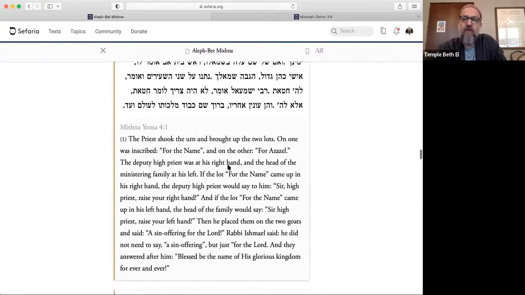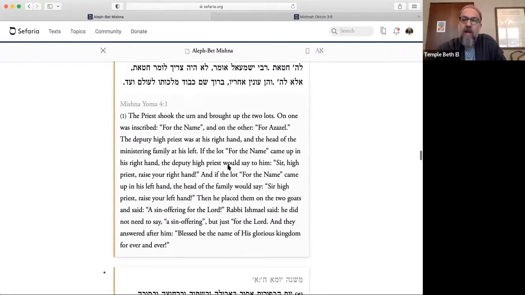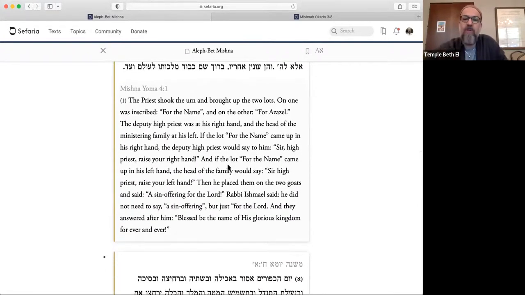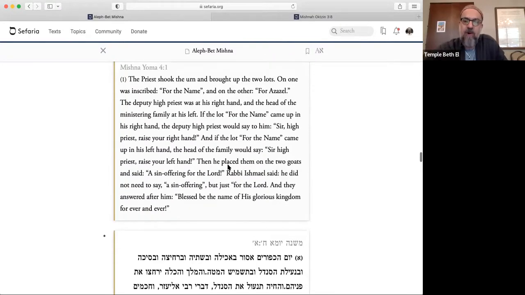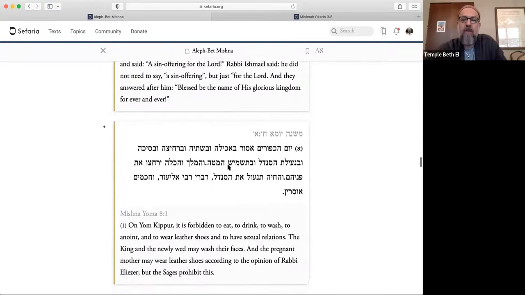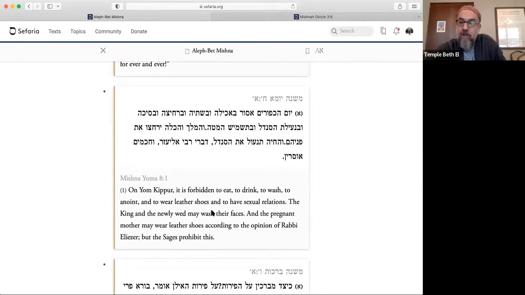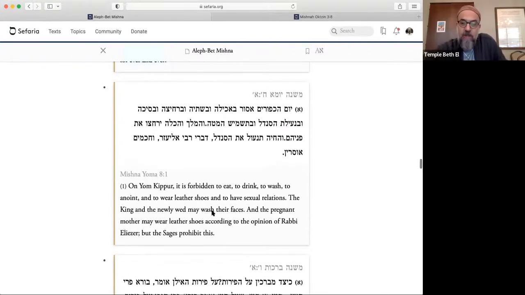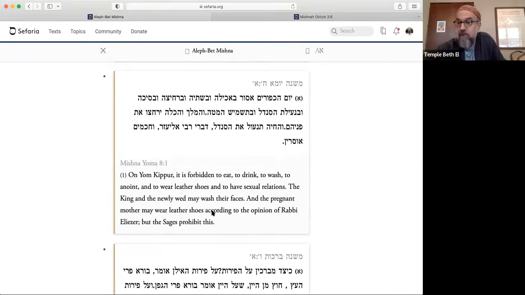We referenced several things about Yom Kippur, including the ancient scapegoating ritual, in which lots are drawn and one is placed on one goat and one is placed on the other. We also talked about the principal prohibitions of Yom Kippur: eating, drinking, washing, clothing, and sexual relations, and a couple of exemptions.